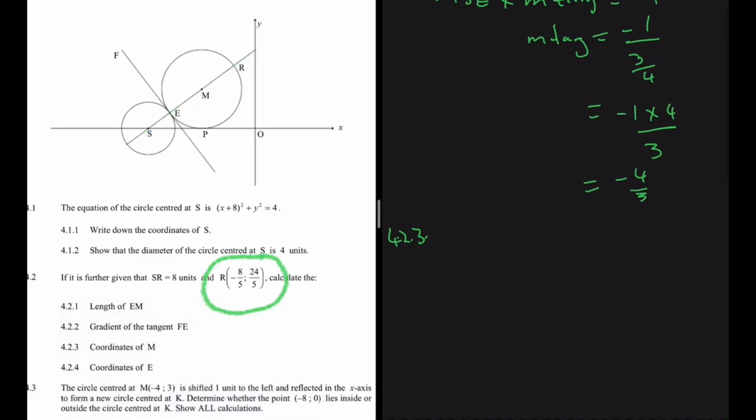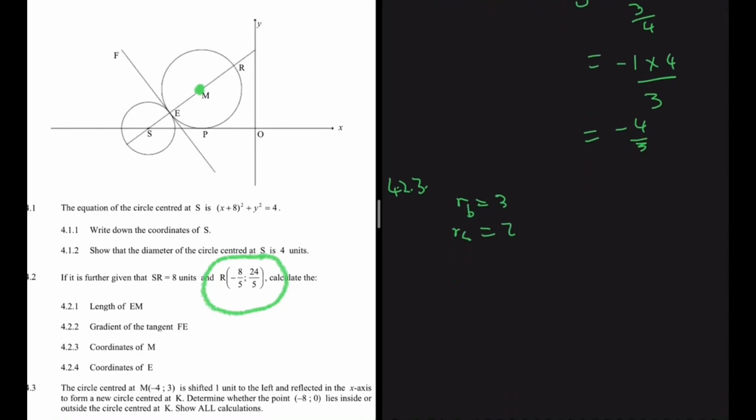4.2.3 says let's find the coordinates of M. So M is the center of the big circle, right? What do we know up to this point? We know the radius of the big circle is 3 units, and the radius of the small circle is 2 units.